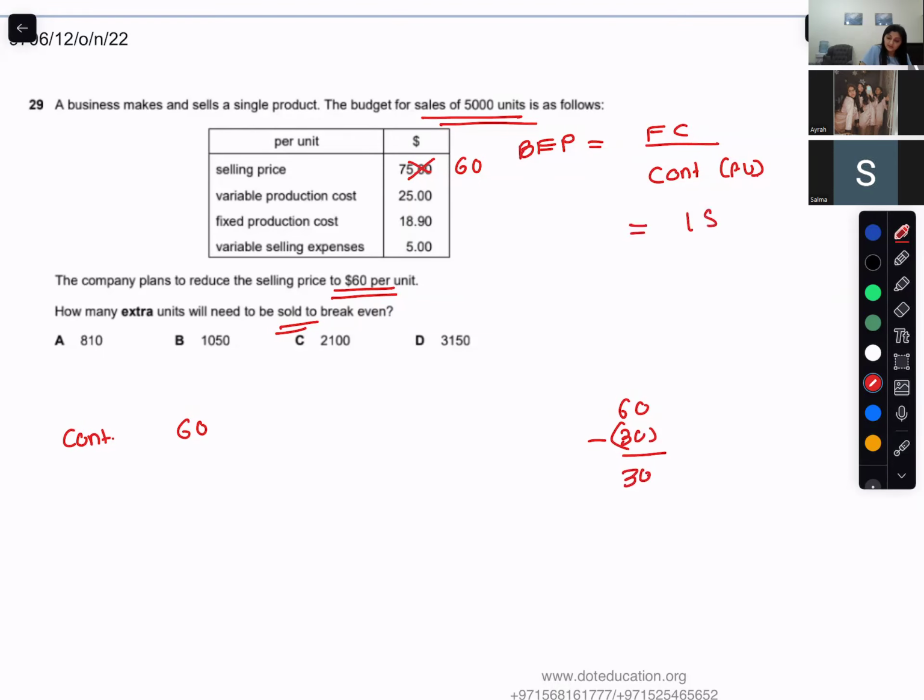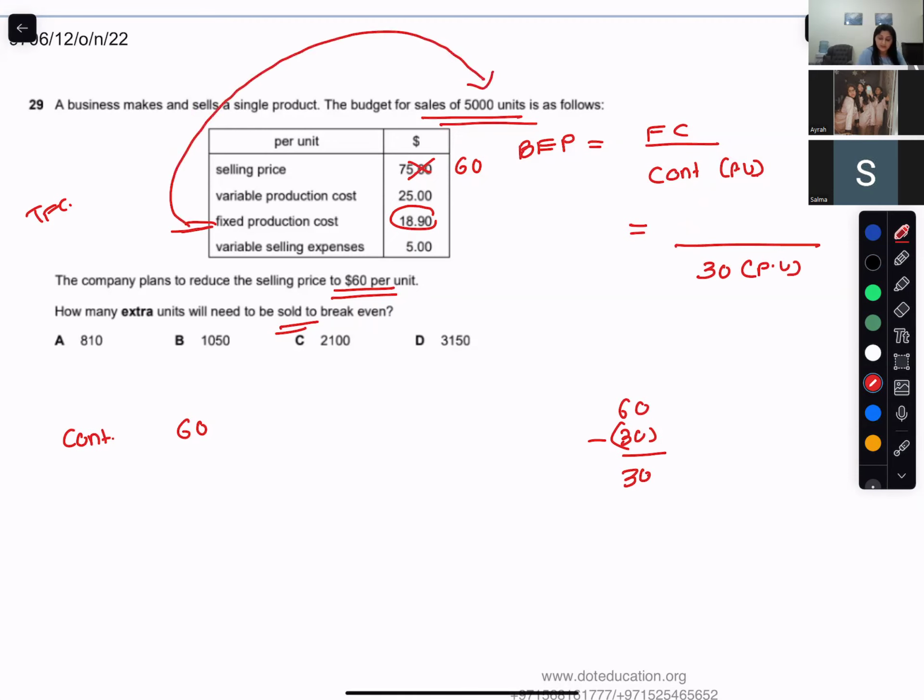So fixed cost will be? They've given fixed production cost as 18.90 per unit. Contribution will be 30 per unit. If I have the fixed cost per unit, what will I multiply it with to get the total fixed cost? The budgeted sales.